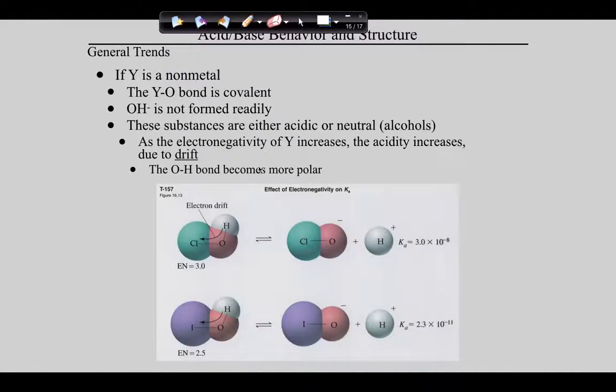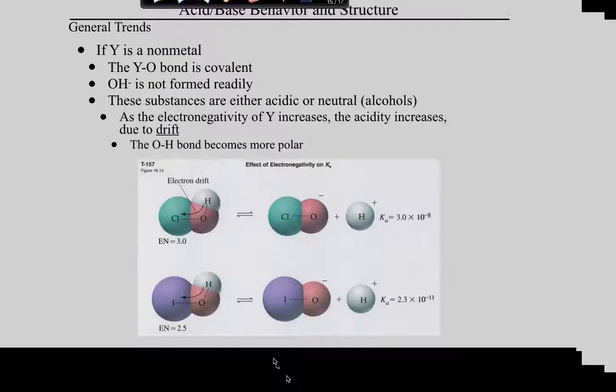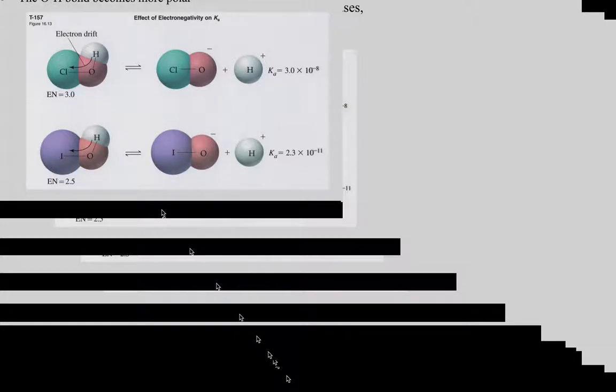There we go. So guys, here we have two oxyacids. This oxyacid is ClOH. This oxyacid is IOH. So how do we know they're oxyacids?